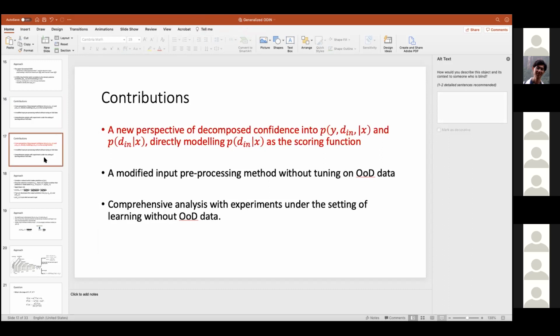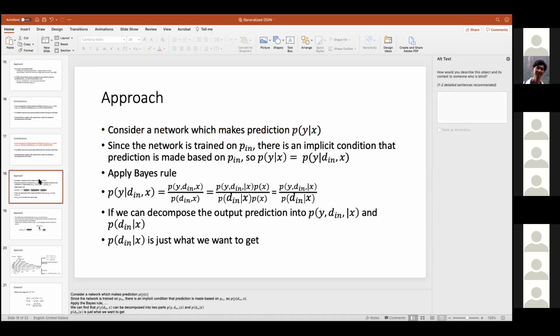This is also the question I want to ask: the probability of Y and D_in given X, and P(D_in | x). Maybe you can keep going to be more specific on your points. Consider we have a classification network which makes a prediction of probability of y given x.